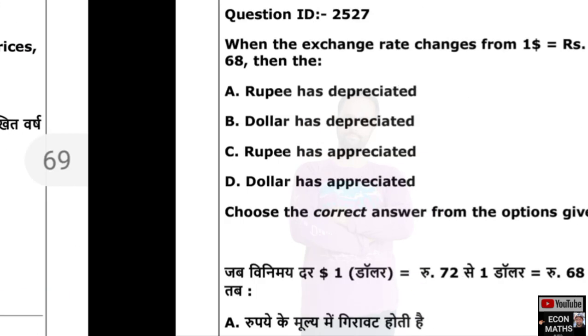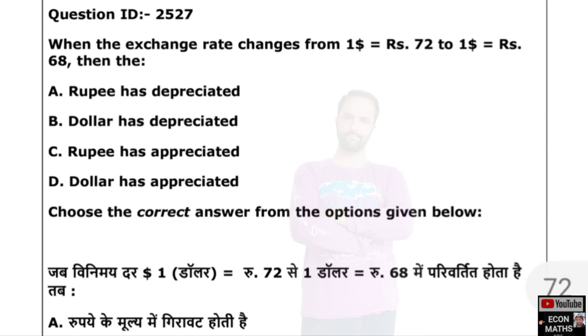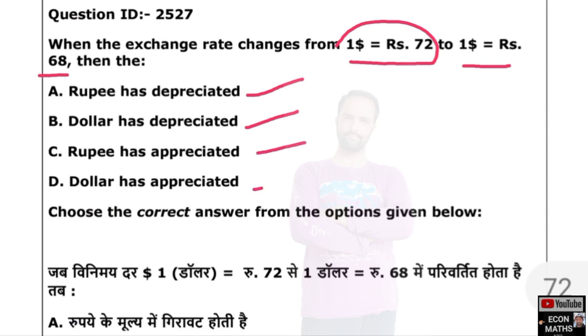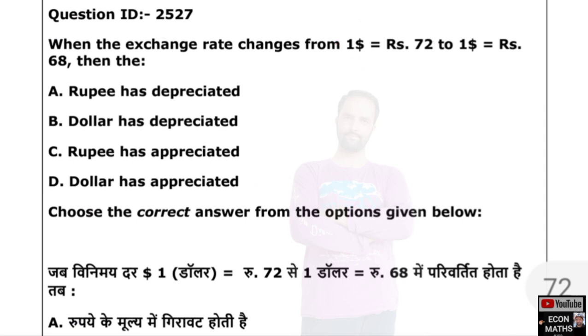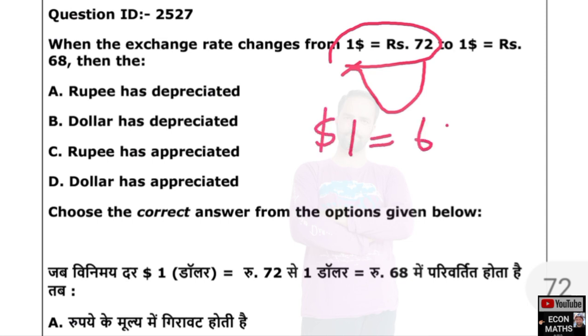Next question is when the exchange rate changes from $1 equal to 72 rupees to $1 equal to 68 rupees, then the options are rupee has depreciated, dollar has depreciated, rupee has appreciated, dollar has appreciated. So let us see what this means. $1 equal to 72 rupees means that we need 72 rupees to purchase $1, and then we are told $1 is equal to 68.